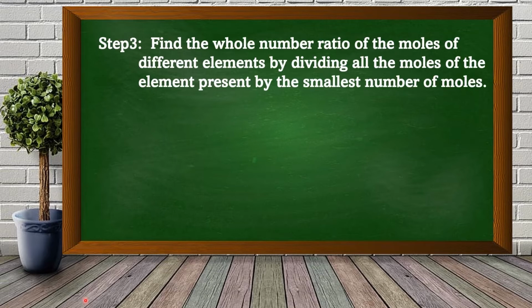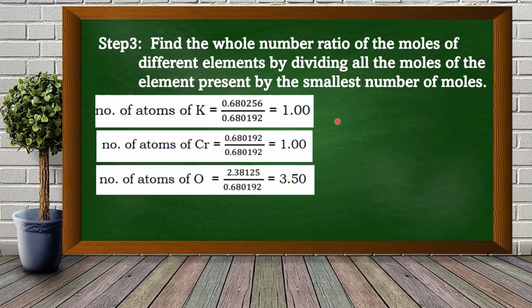For step 3, find the whole number ratio of the moles of the different elements by dividing all the moles of the element present by the smallest number of moles. So I have here 1.00, 1.00, 3.50.